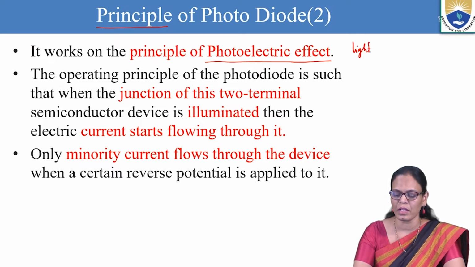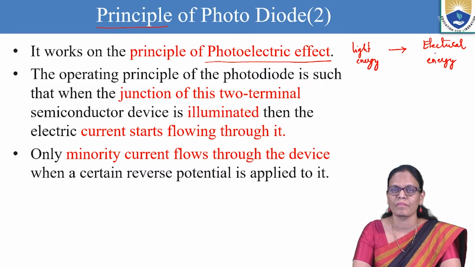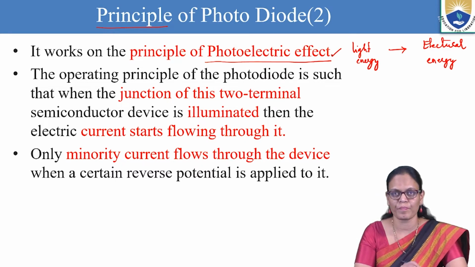Again here light energy is getting converted into electrical energy. Einstein very clearly explained the phenomena that occurs in the conversion of light energy to electrical energy. So photodiode also works on the principle of photoelectric effect.